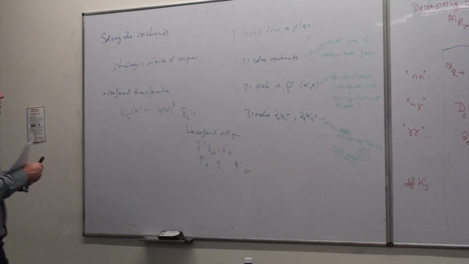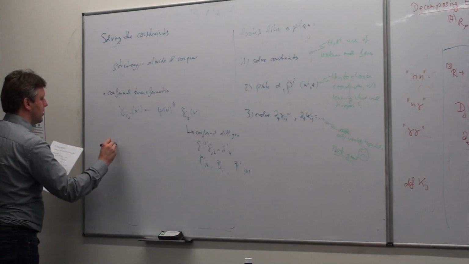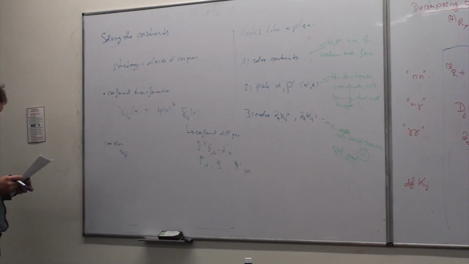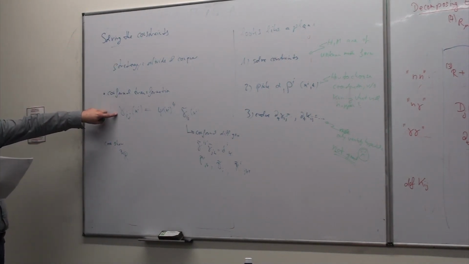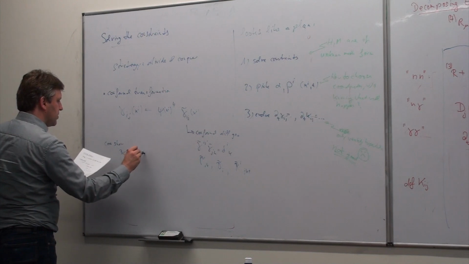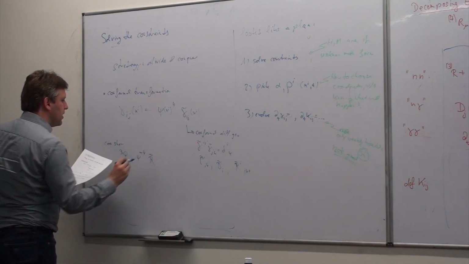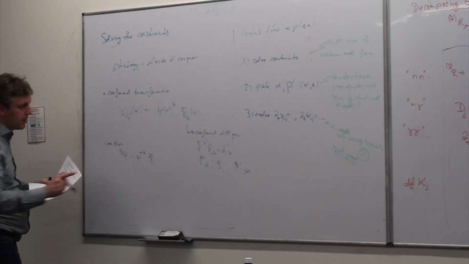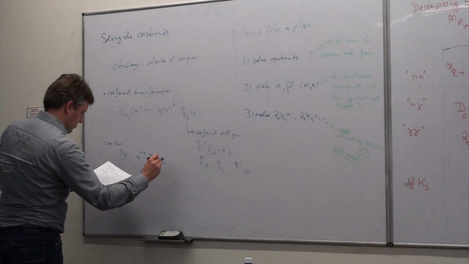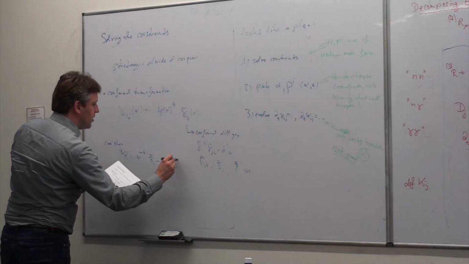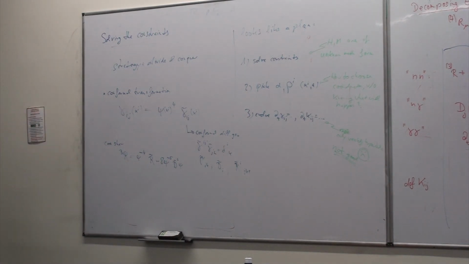The reason is that it turns out that the three-dimensional Ricci scalar of the metric gamma ij is equal to psi to the minus 4 times the conformal trace of Ricci, minus 8 psi to the minus 5 times the conformal Laplacian acting on psi.